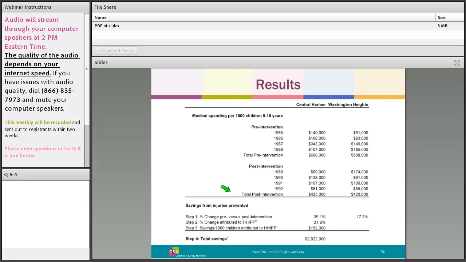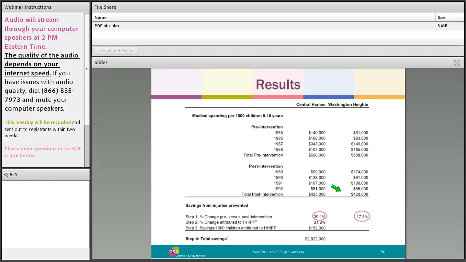Post-intervention, the costs declined in both areas, down to $420,000 per thousand kids in Central Harlem versus $420,000 in Washington Heights. So that is a 39.1% change in Harlem versus a 17.3% change in Washington Heights.